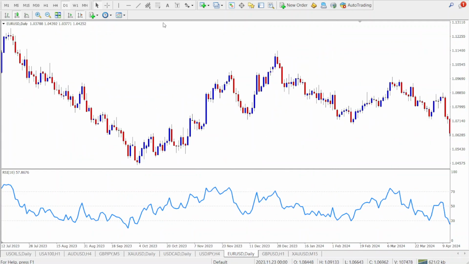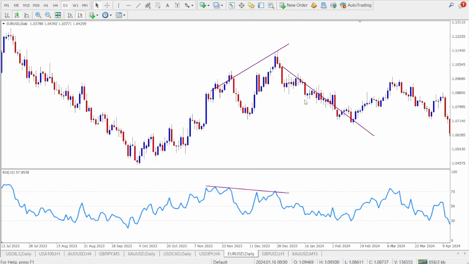So if you have price making higher highs, like what we see here, but your RSI is making lower highs, that's what we call a bearish divergence. It signals a possible trend reversal to the downside, and you can see that we actually had a trend reversal to the downside.